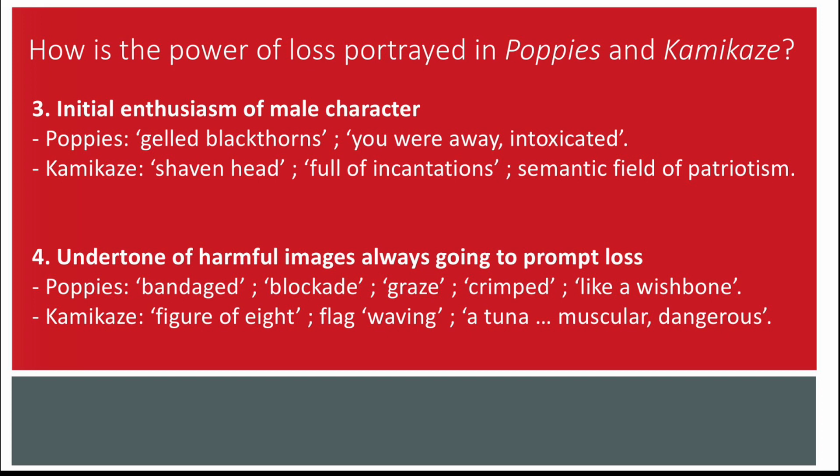And we hear how this tuna is muscular and dangerous. This tuna, surely, everybody, is a metaphor for the sudden introduction of death that can occur into people's lives, and therefore the loss that can happen in people's lives. It sounds quite threatening. It sounds quite, with the description of those adjectives, muscular and dangerous, quite out of place to things that are feathery, like the prawns, or silver, like the whitebait.